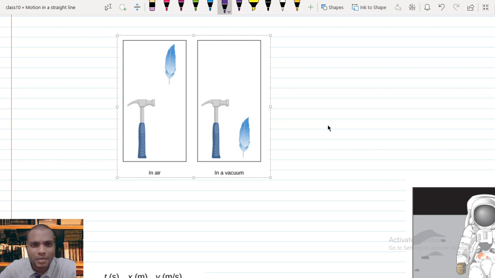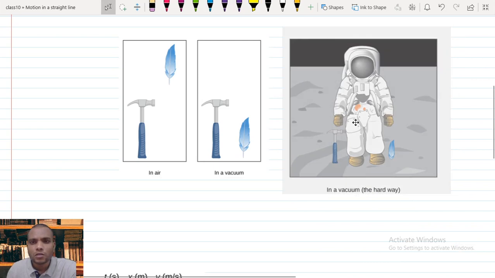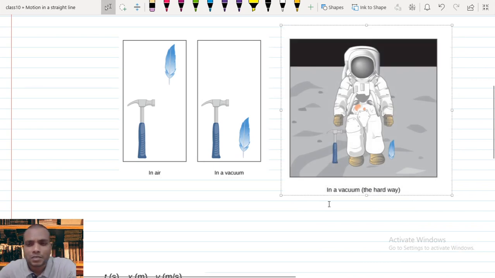But when you repeat the same experiment in vacuum, that's what they did on the moon, where there is no atmosphere, then on these two objects, the feather and the hammer, the acceleration due to gravity of that place acts the same.